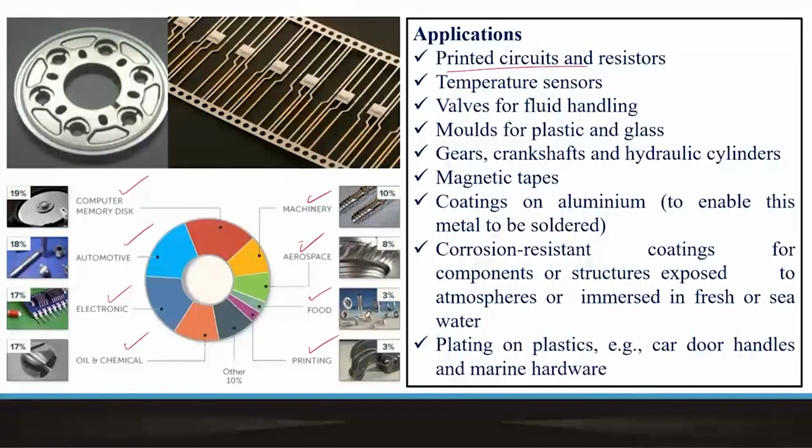These are listed in detail here: sensors, valves, molds for producing plastic and glass components, gears, crankshafts, magnetic tapes, on aluminum, corrosion-resistant coatings in saline environments, and also plating on plastics.